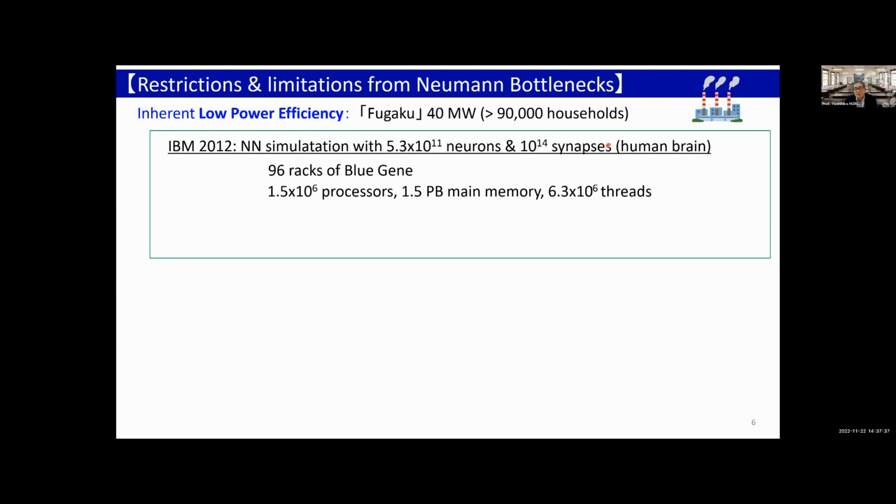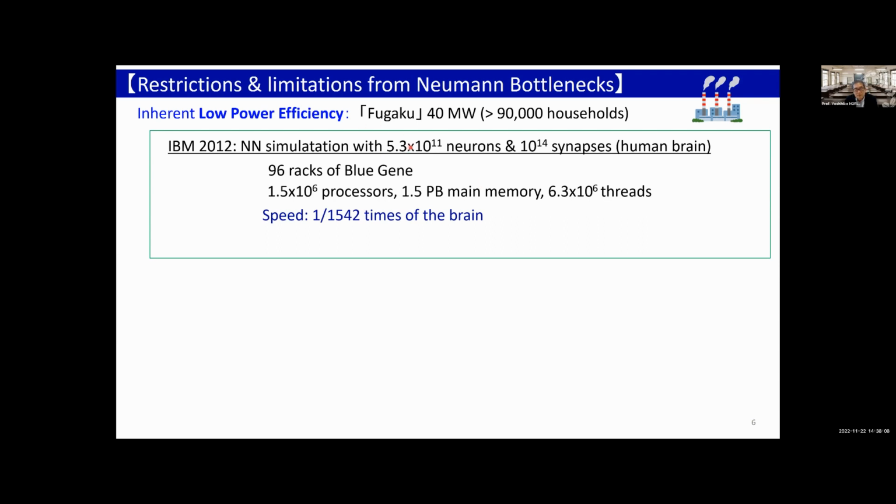These numbers are comparable to the human brain, in 2012, using Blue Gene computers with almost 100 lakhs of, and with a humongous number of processors, memory, and threads. They obtained a speed almost 500 times slower than the brain in this simulation.